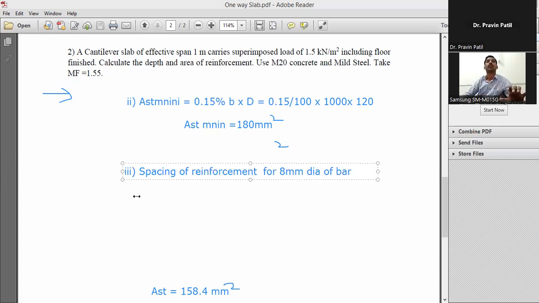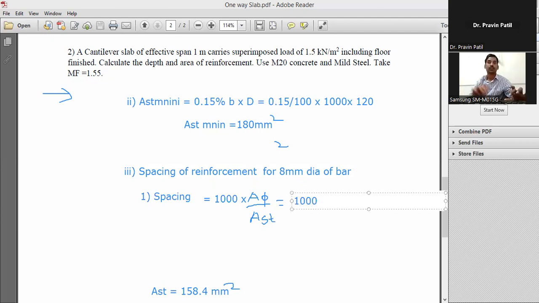The spacing formula has three conditions. First, spacing is equal to 1000 into Ast by AST, where Ast is the area of one bar, that is pi by 4 into 8 square.